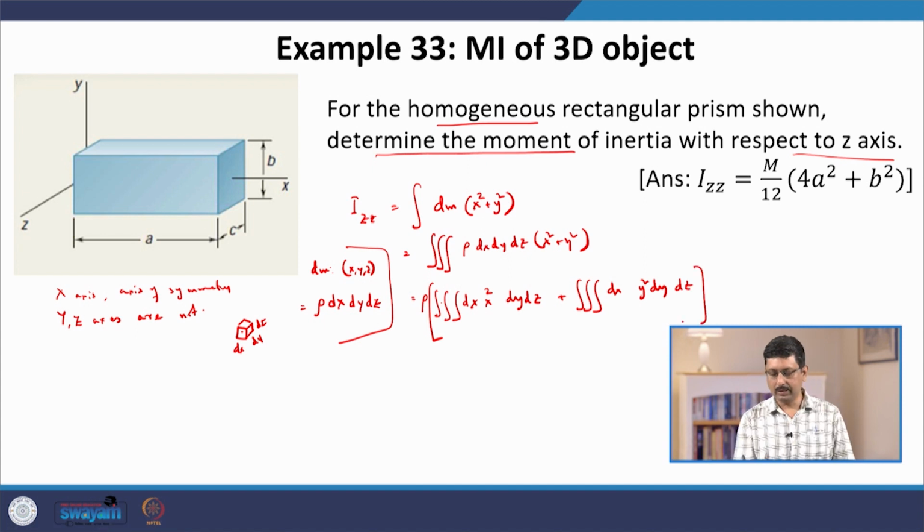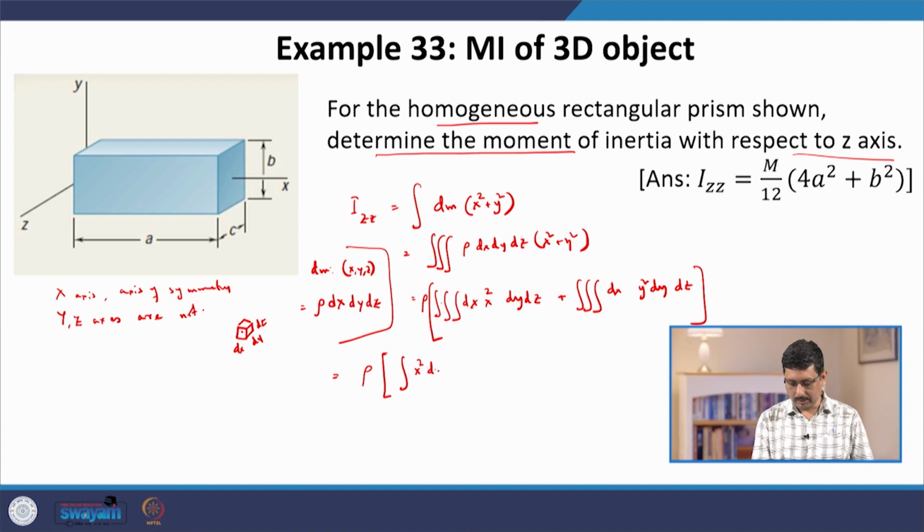Now, this is a rectangular object, so x, y, z can vary independent of each other. So, we can factorize the integral. We get rho times, the first term is integral of x square dx times integral dy times integral dz, and the second term is integral dx, then integral y square dy, and integral dz.